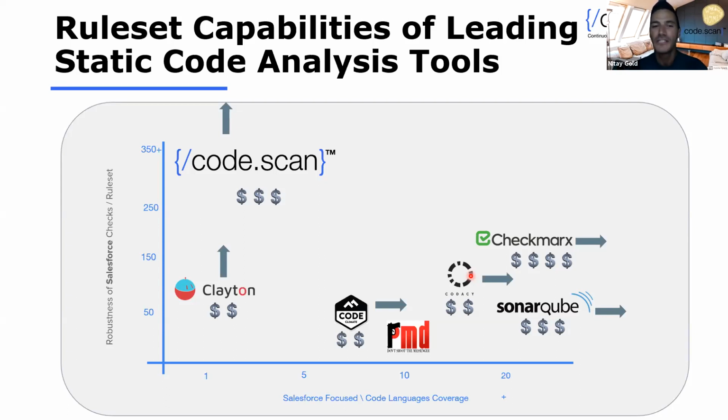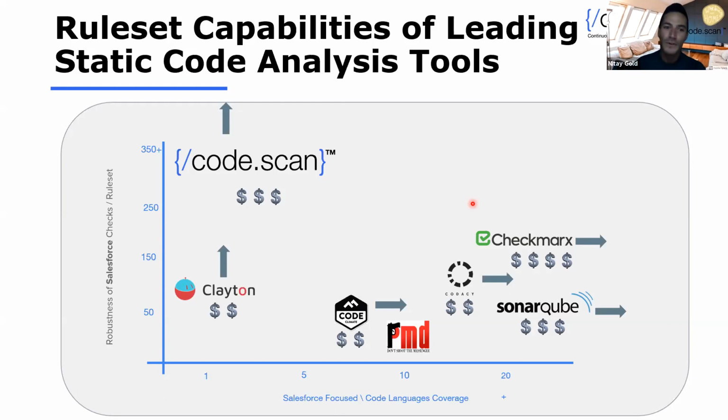So Salesforce is just a small project for most of these platforms. I think someone asked about Checkmarx. Checkmarx is a large company. We have a lot of respect for them. More than 500 employees. They position themselves as cybersecurity software, not a static code analysis tool. So static code analysis is just a side project for them.